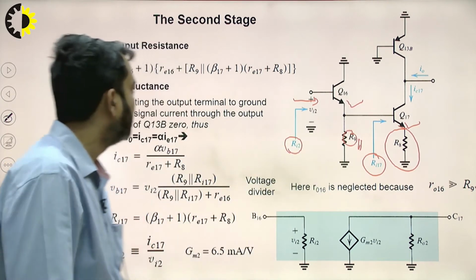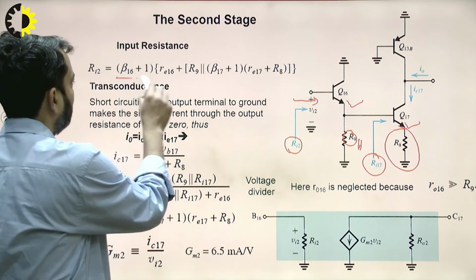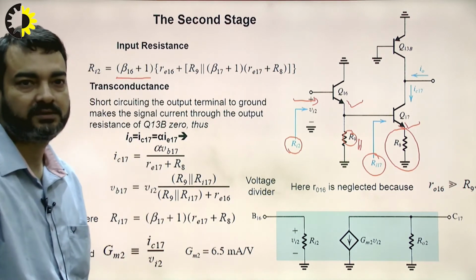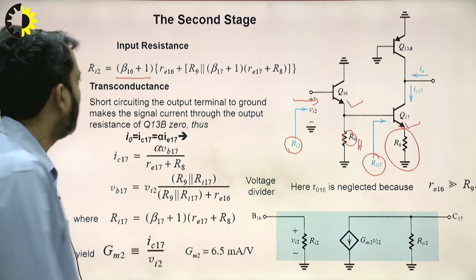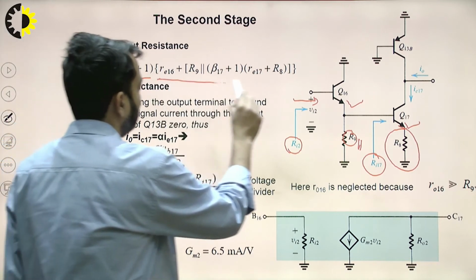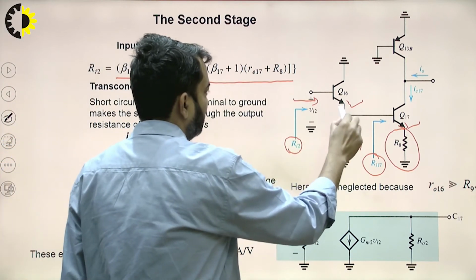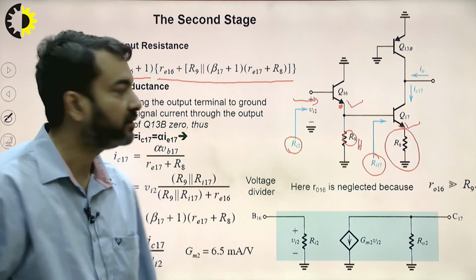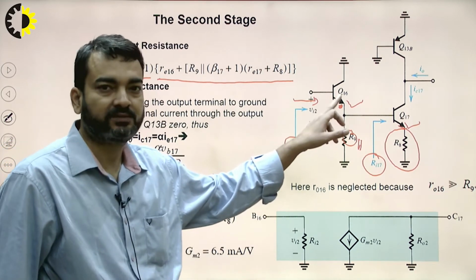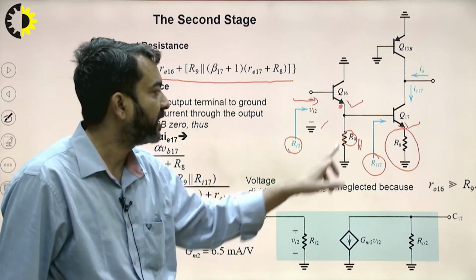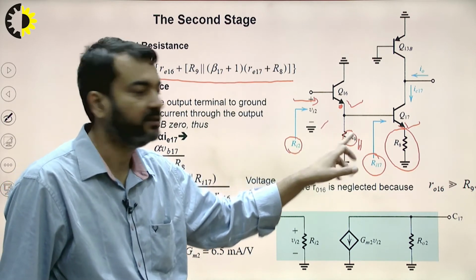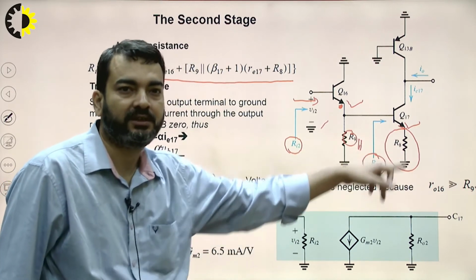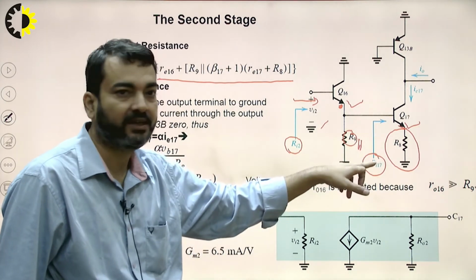Then the total resistance will again be augmented by the factor 1 plus beta of this transistor. So here we can see 1 plus beta 16 times the net resistance present in the emitter of transistor Q16, which includes the internal resistance small re and the parallel combination of R9 and the net resistance in this branch, meaning Ri17.